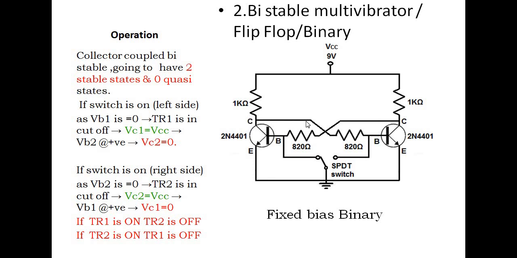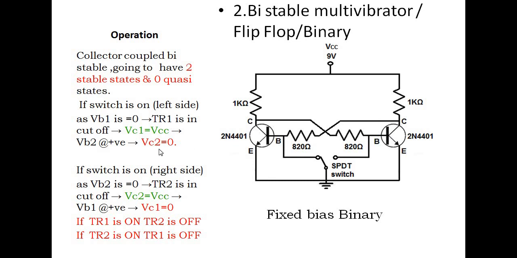The same VCC is given to the base via a resistor. So a positive voltage is given to the base of Q2, and if that positive voltage is more than 0.7, Q2, the right hand side transistor, is going to be on. If the right hand side transistor is on, the output is going to be 0.